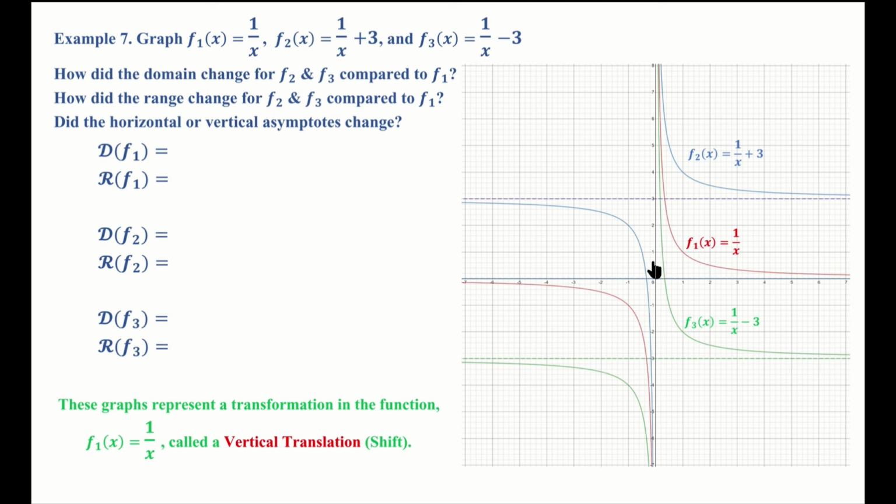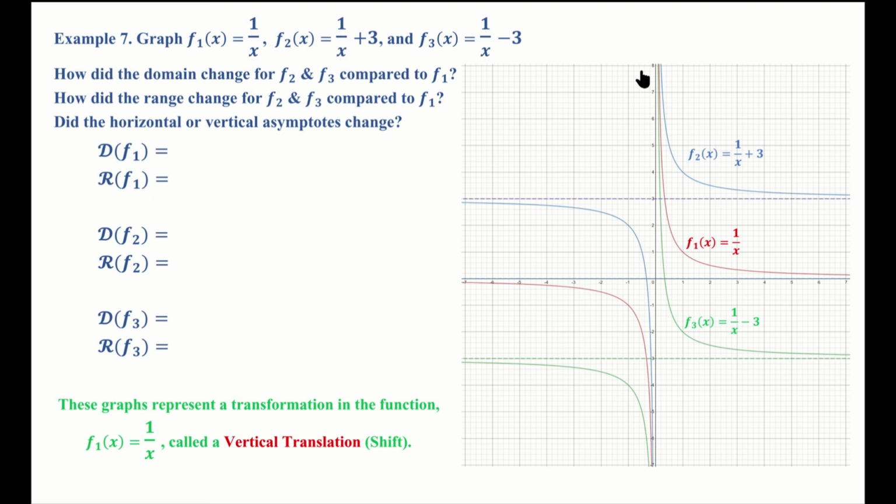What that's going to do is take the original function f1 of x in red, that's just 1 over x, and move it 3 units up with this function, f2 of x equals 1 over x plus 3, and 3 units down. Notice no horizontal change because we're not changing the input. We're bringing a change at the entire output level by adding 3 to the output or subtracting 3 from the output.